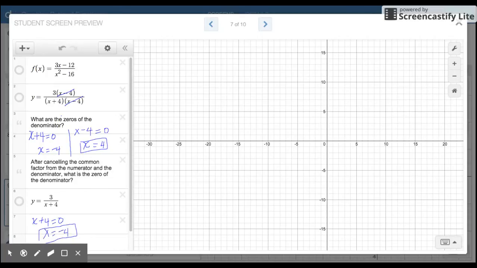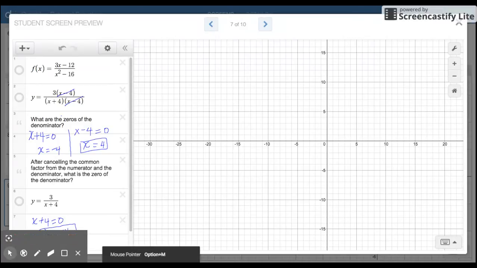So in the simplest form, negative 4 makes the denominator 0. But in the factored form, before we cancel the common factors, there are two zeros in the denominator, which are negative 4 and positive 4. Now, let's take a look at the graph of f of x, and let's see how it looks like.